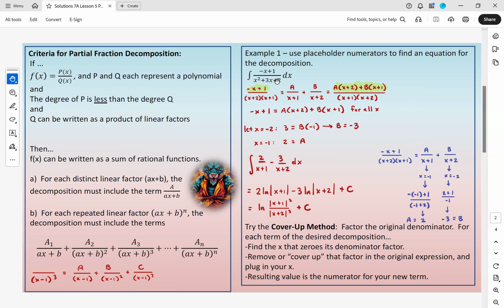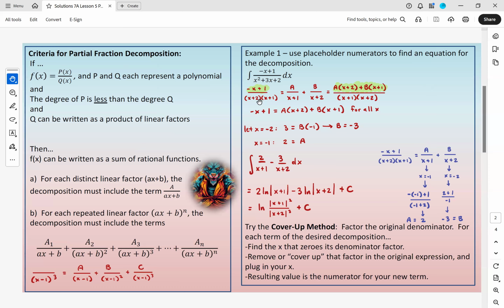Here we see the integral in play. Degree is bigger on the bottom, which is what we want. The bottom is also factorable. So in this current form, there's not a lot we can do, but we are going to be able to decompose this thing. The first thing I'm going to do is rewrite the integrand factored out in the denominator.